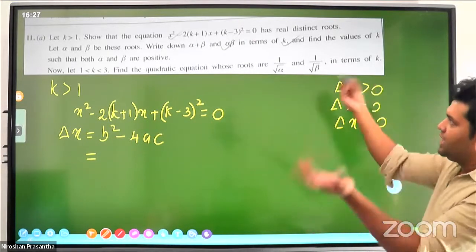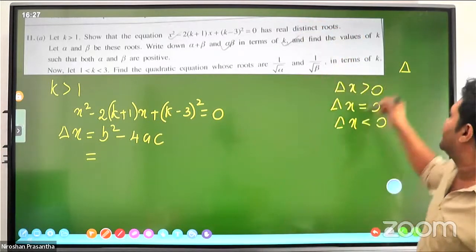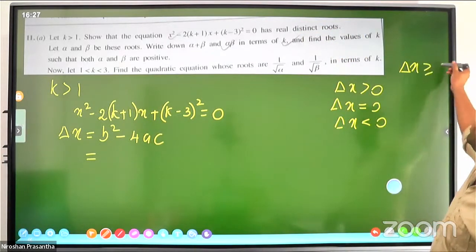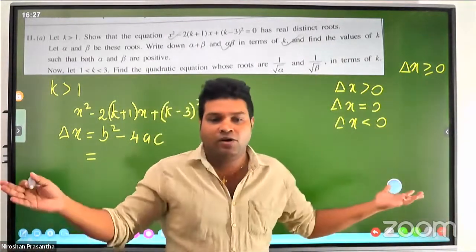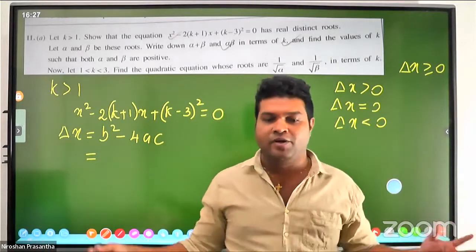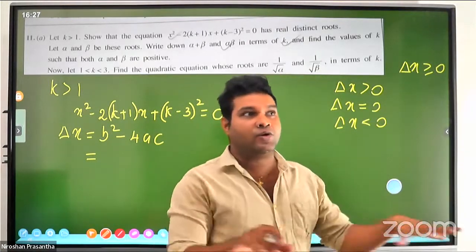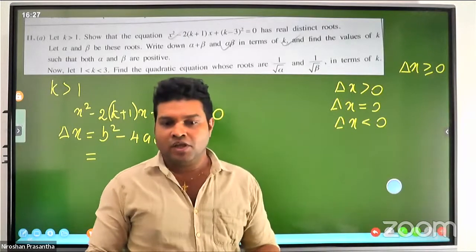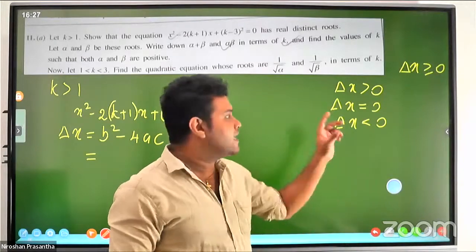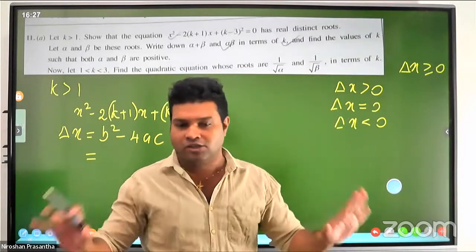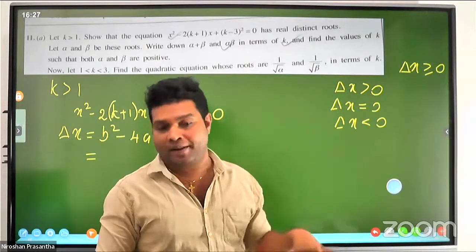Without distinct cases, if the roots are real only, we can write delta is greater than or equal to 0, because they are always real. We don't know whether they are distinct, or rational or irrational. If you want to find out whether the roots are rational or irrational, you know that for rational roots delta should be positive and also a perfect square.